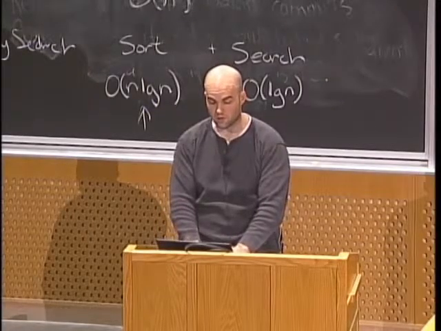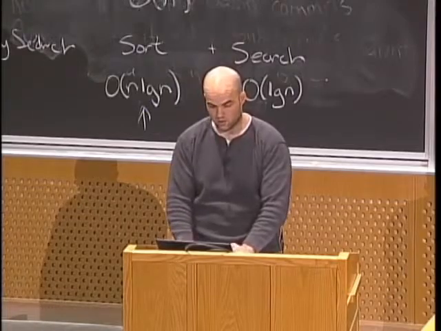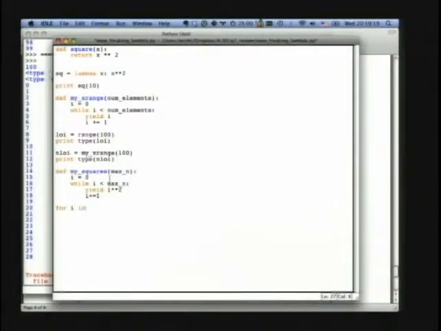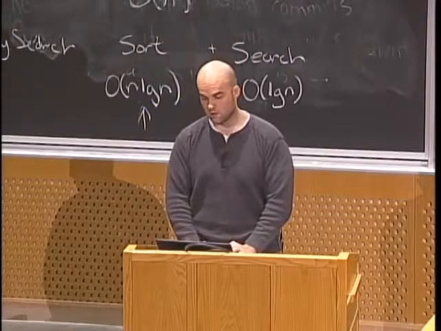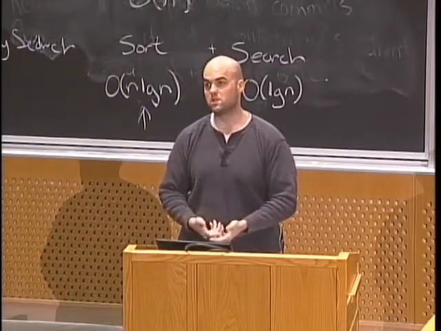Right, so if I were to do this, it should print out all the squares of all the numbers between 0 and 9. Make sense? So that's what yield gets you.